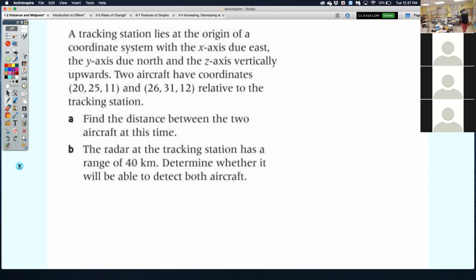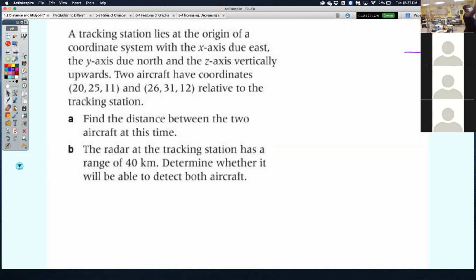It says a tracking station lies at the origin of a coordinate system with the x-axis due east, the y-axis due north, and the z-axis vertically. Does everybody know their compass points? Never eat soggy waffles. Where's the N?